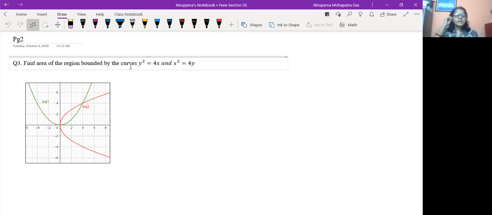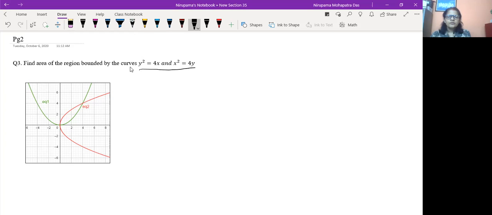This question I have taken from NCERT exemplar. Find the area of the region bounded by the curves y square equal to 4x and x square equal to 4y. Both the curves represent parabolas. One is the parabola which opens towards the right of the x-axis, that is y square equal to 4x, and this one is x square equal to 4y.